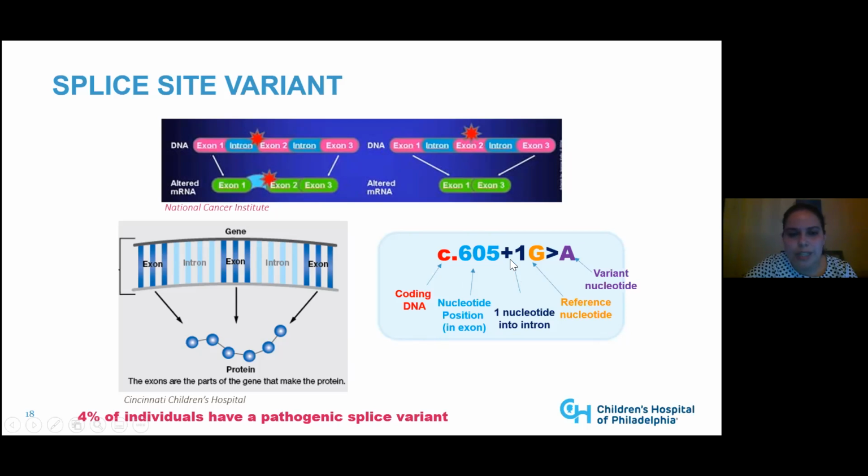And so whenever we're talking about some genetic change in an intron, this is what it looks like on a report. This plus sign and a 1 means that it's the first nucleotide into the intron. It's the first letter into the intron. And that's very important for telling the body to take that intron out. And so if there's a change there, it's not able to do that effectively.